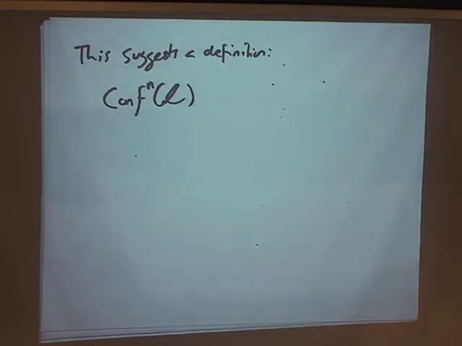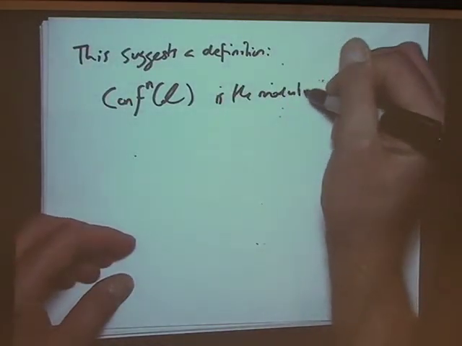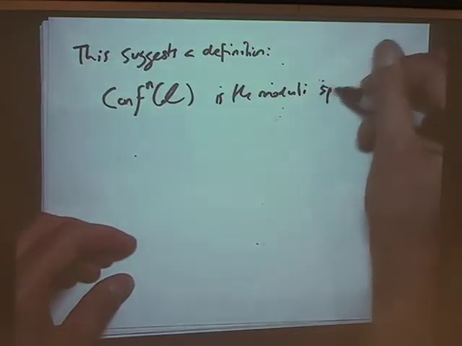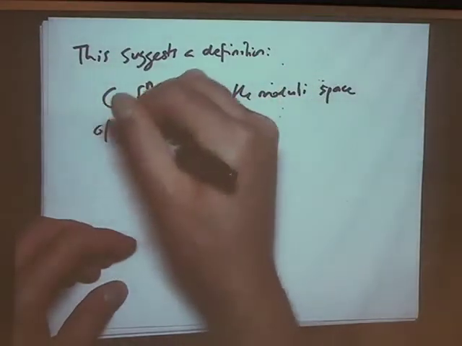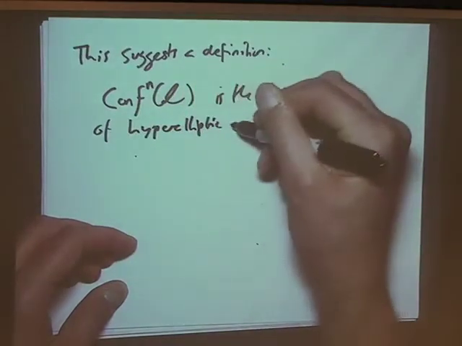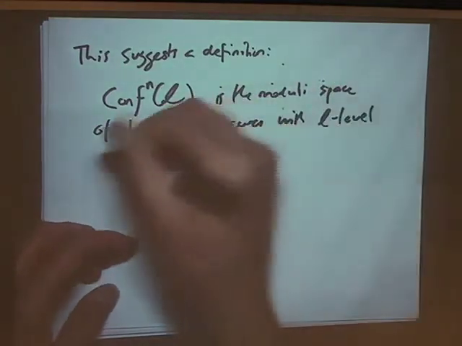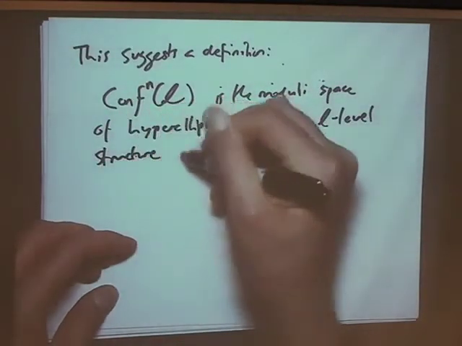Those of you who have studied the moduli of elliptic curves know very well what level structure means. For elliptic curves, this would be a little more like Conf_n lower 1 of L, but that's too many indices, so I'm just going to call it Conf_n(L). So it is the moduli space of, let's say, hyperelliptic curves with L level structure, that's what we might call it in words.